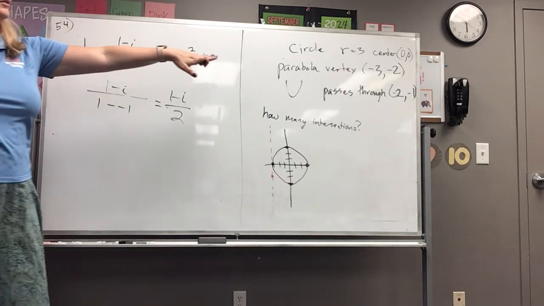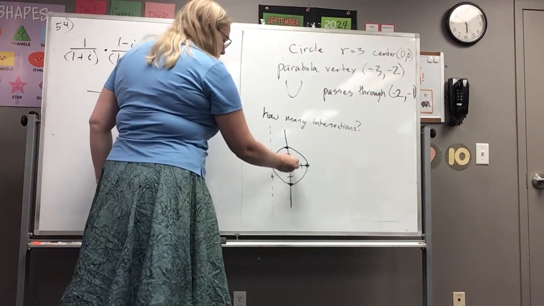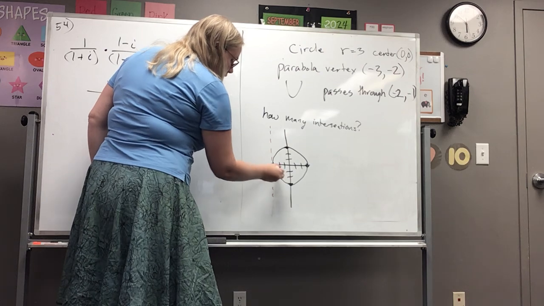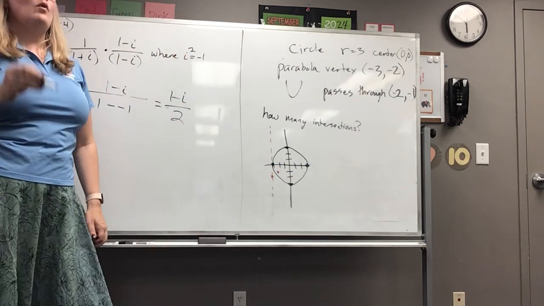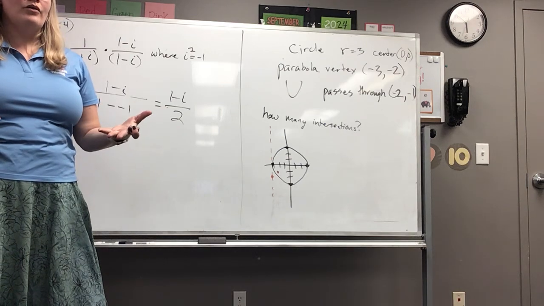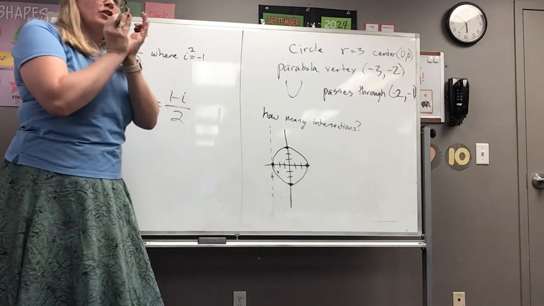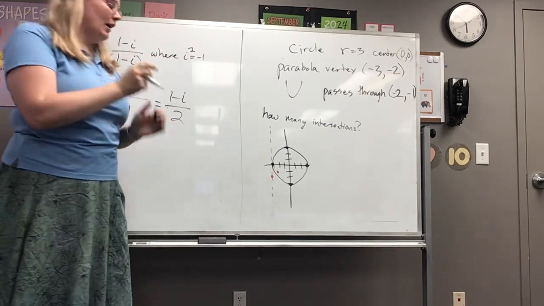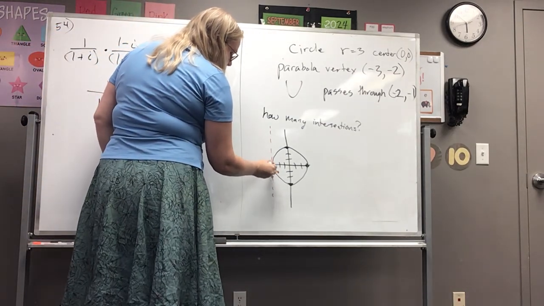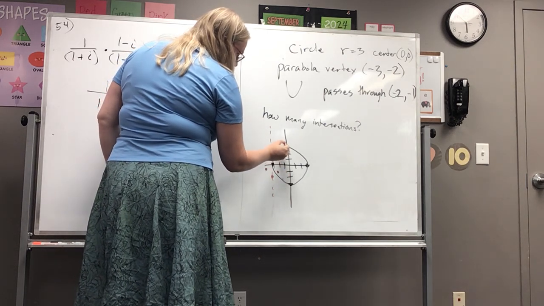And the fact that it passes through -2, -1 tells us that it's going over 1, up 1, which is the general basic shape of a parabola. If possible, get familiar with those first couple points of a parabola. They help you a lot to know, okay, this is up 1 over 1, this is up 1, backwards 1, and then it'd be over 2, up 4.